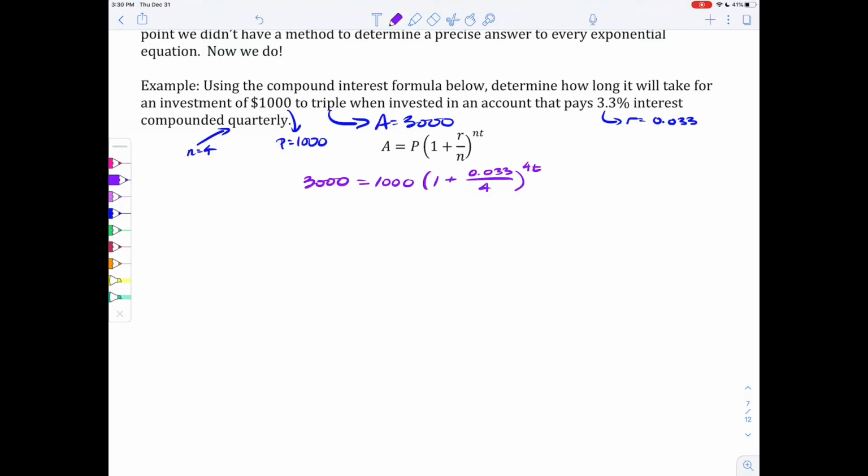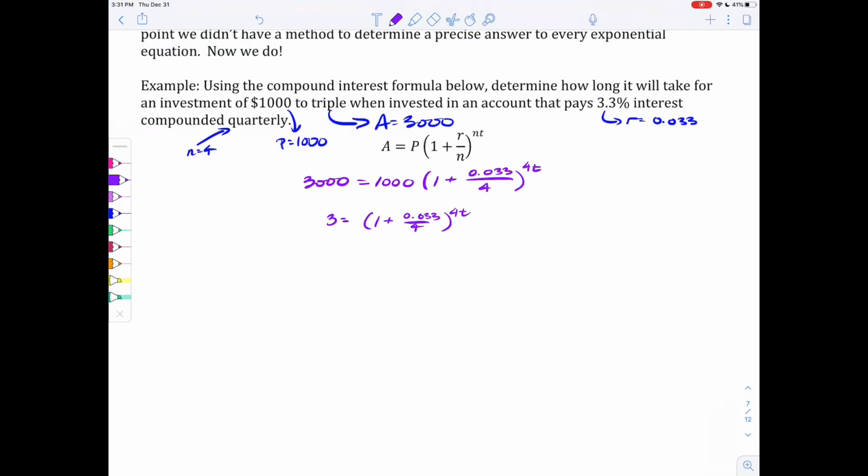What am I going to do? I'm going to divide both sides by 1,000 to get rid of that business of having a multiplier in front of the brackets. At this point, I've got something equals a power, and I need to get that exponent down.